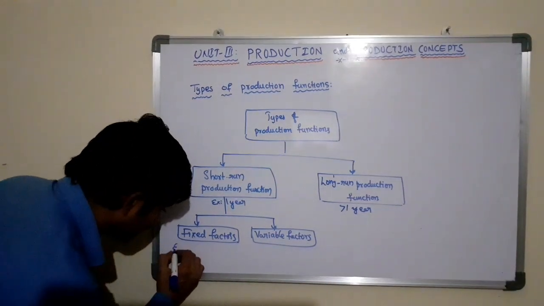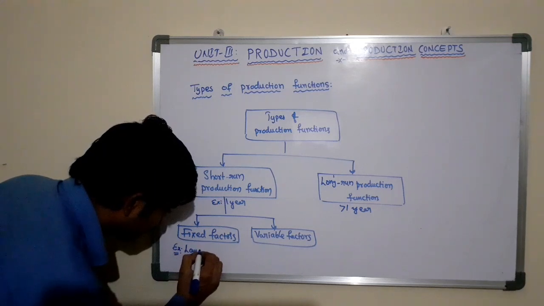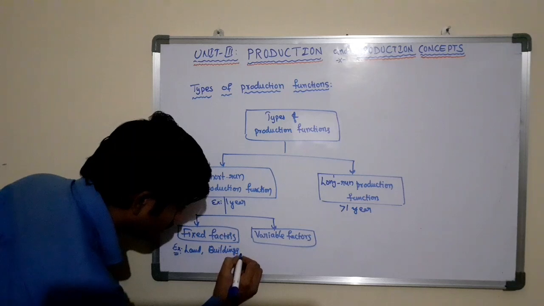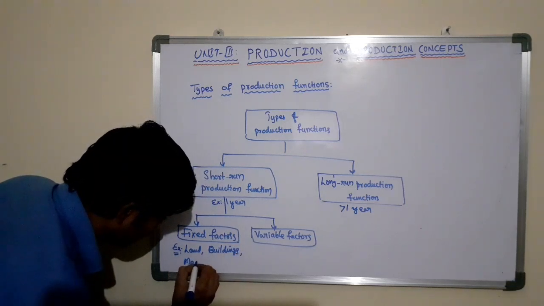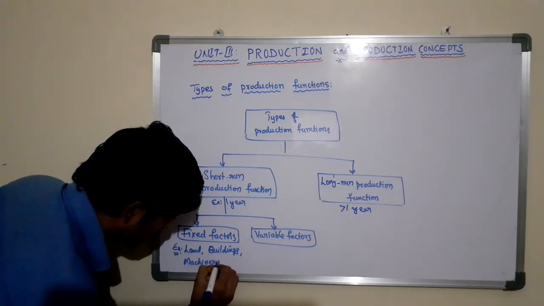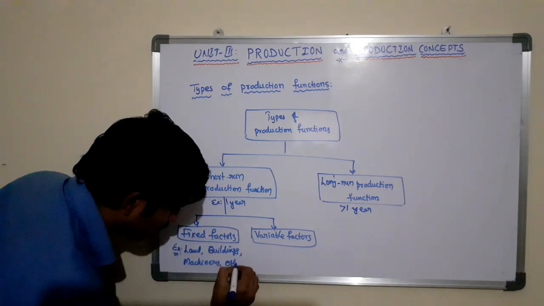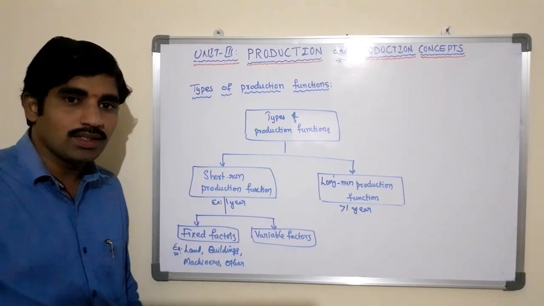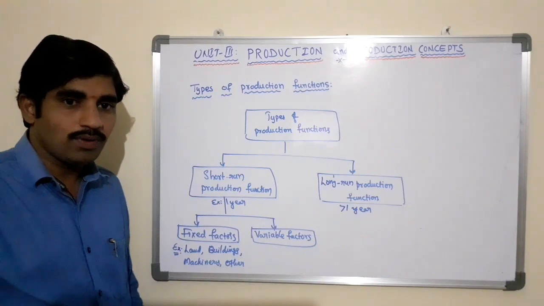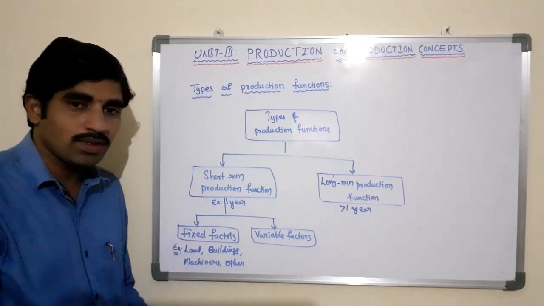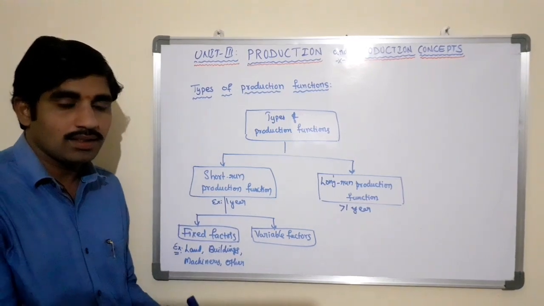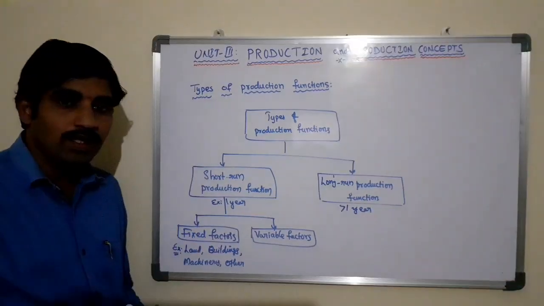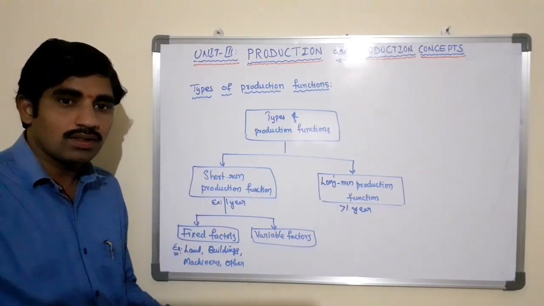Here the fixed factors are, for example, land, buildings that are available, machinery that is available, and others, which are established, which are set up, which cannot be changed frequently. Once you set up, once you fix, once you establish in the plant, in the organization, in terms of plant, machinery, technology, buildings and the land, we cannot change.